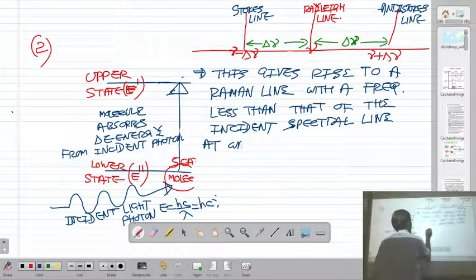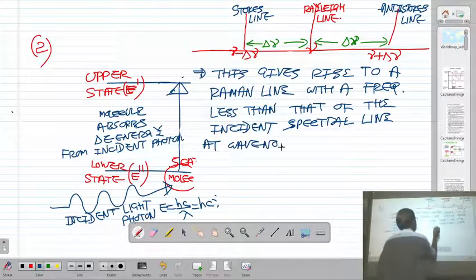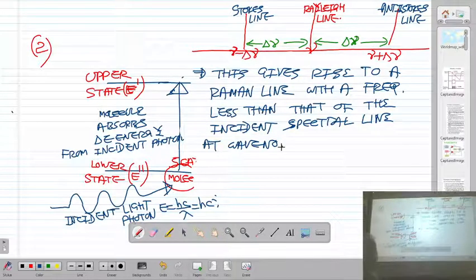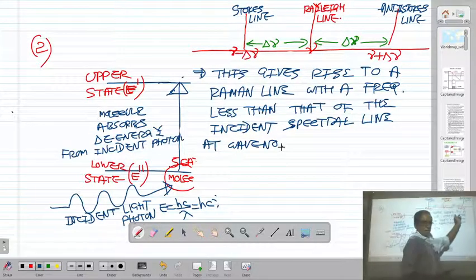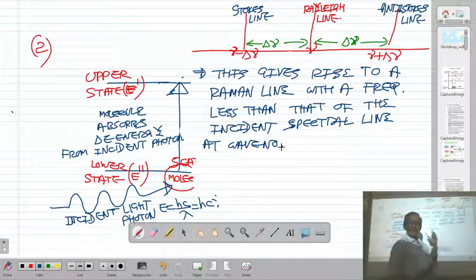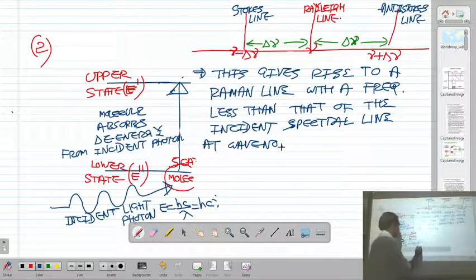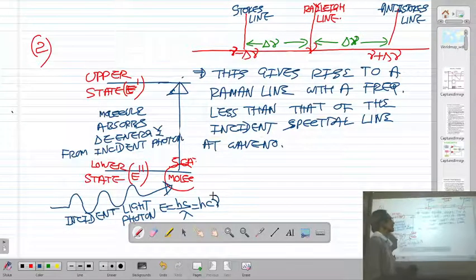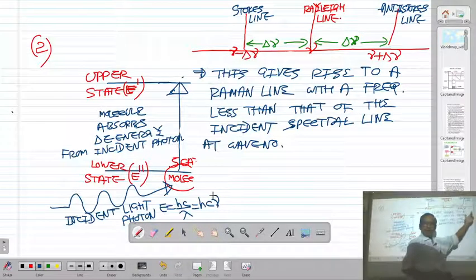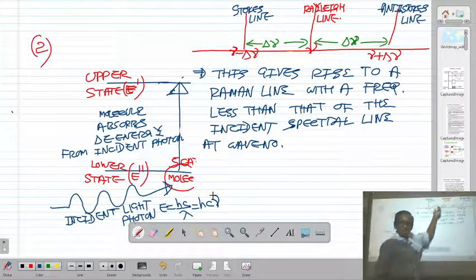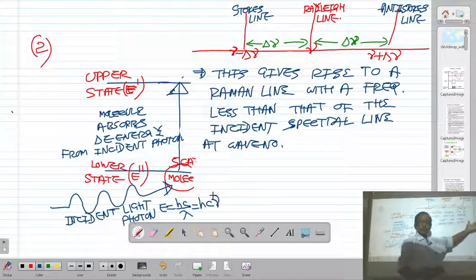In this collision, the photon is scattered with a smaller amount of energy, hν minus ΔE. It gives rise to a Raman line, which is known as the Stokes line, whose frequency or wave number is less than that of the incident line.